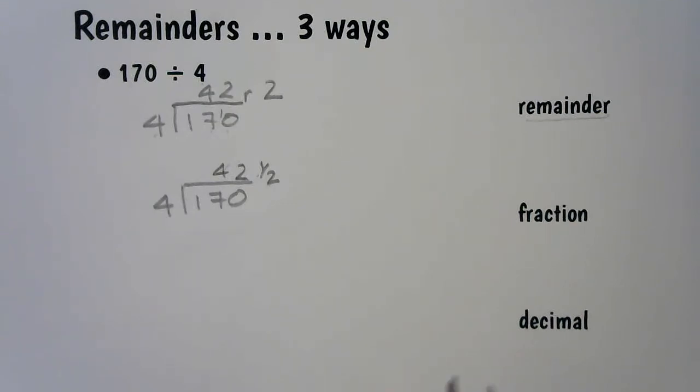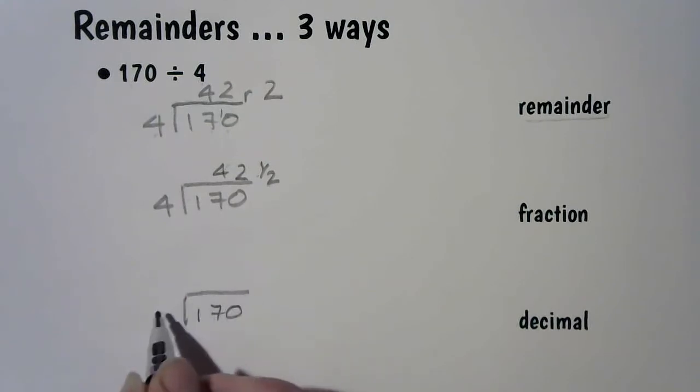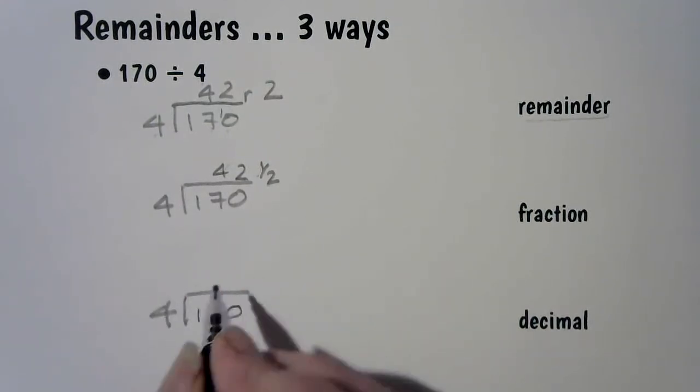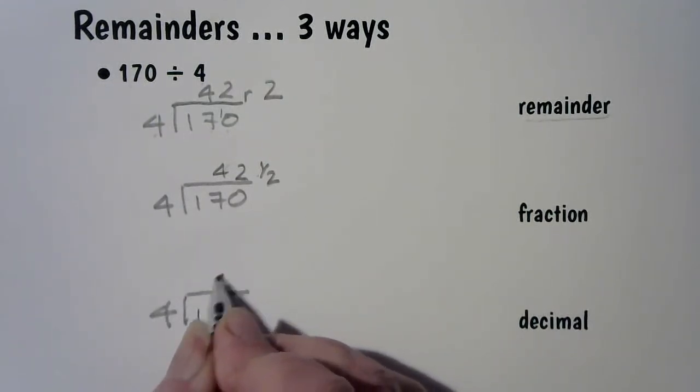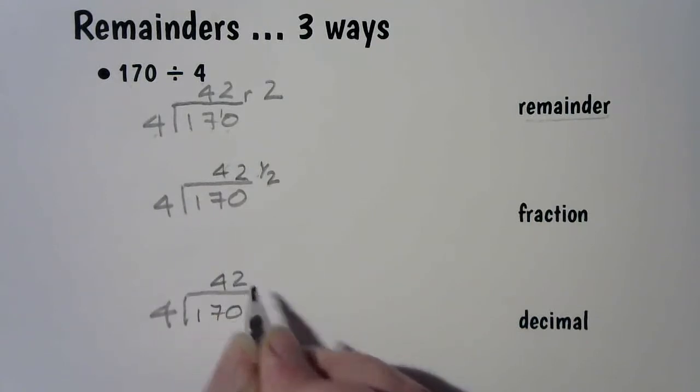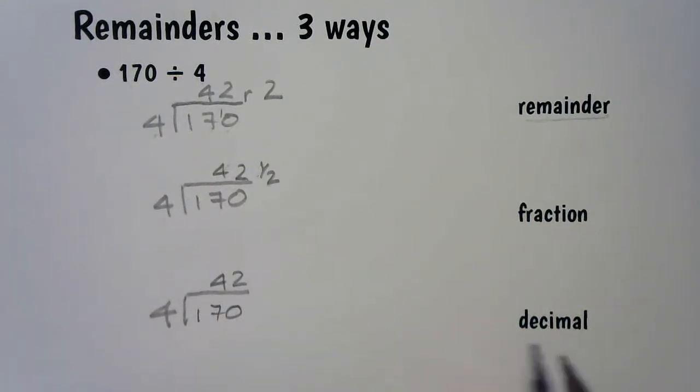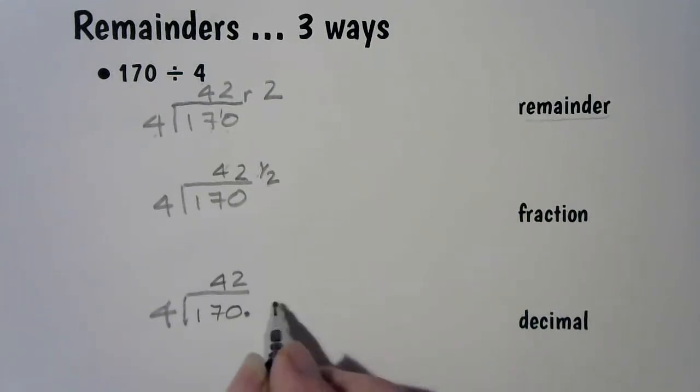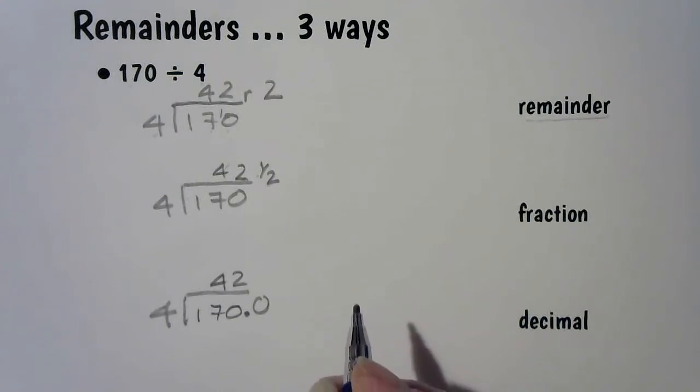And I might also decide to do it as a decimal. So again, I've got 170 divided by 4. Well, I already know the answer is 42. Now then, I want to write it as a decimal. So I'm going to put a decimal point there and then put a 0 after it.